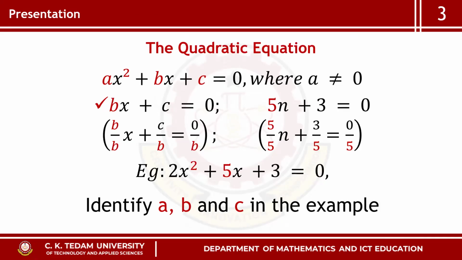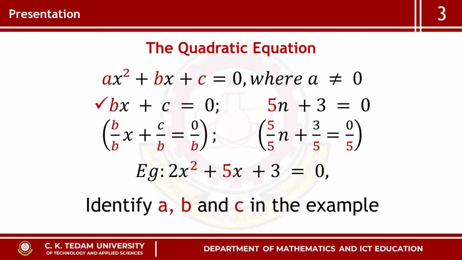You can also see the example using numbers: 5x plus 3 equals 0, where the quadratic term has vanished because the coefficient of the quadratic x is 0.